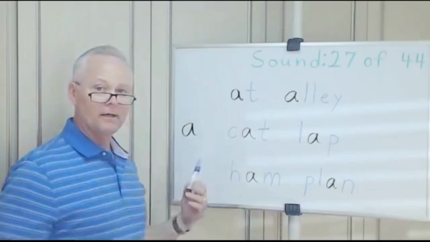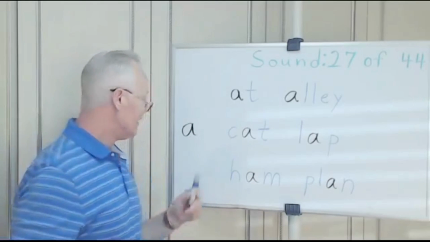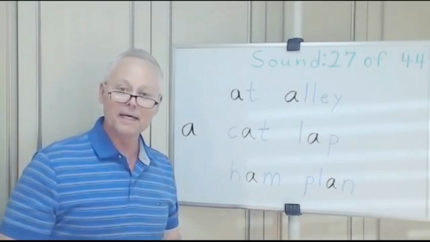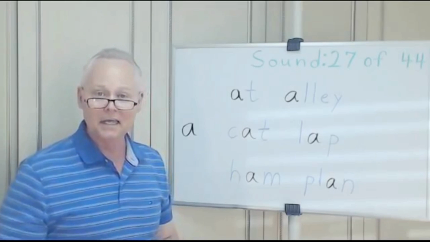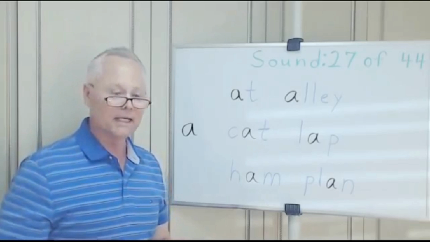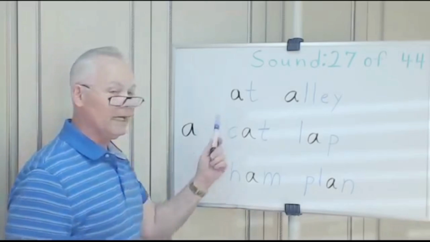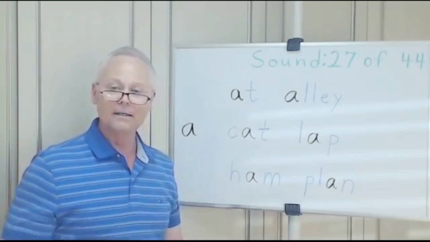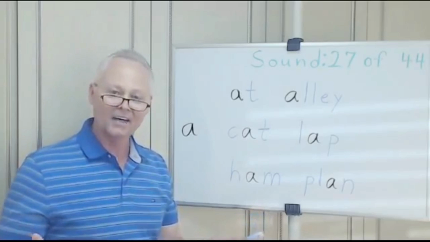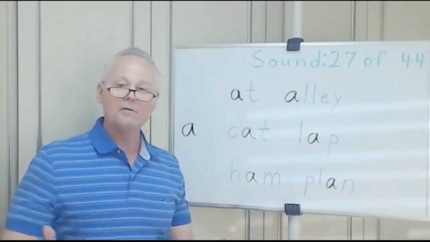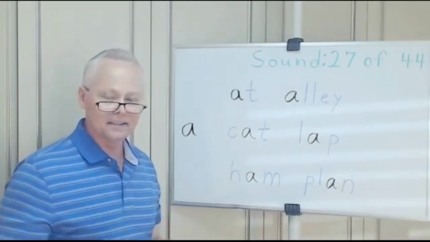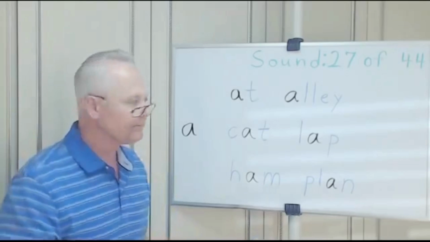Here we have one little letter, the first letter of the alphabet, A. What sound is this making? Could it be A? It's a short A sound. One of the most unromantic sounds in the English language. Right?